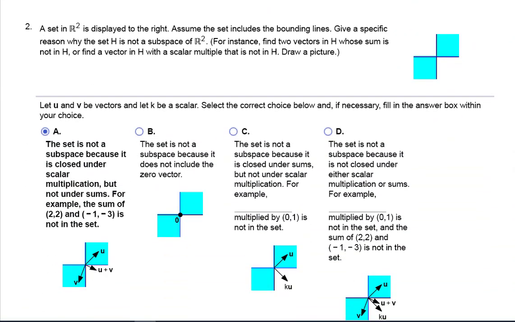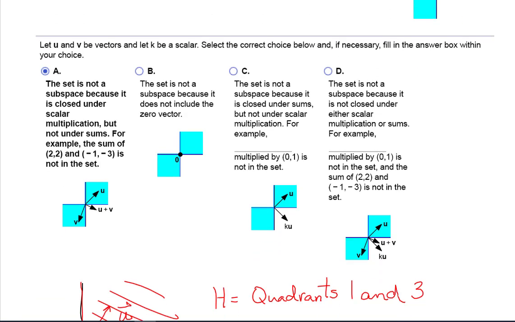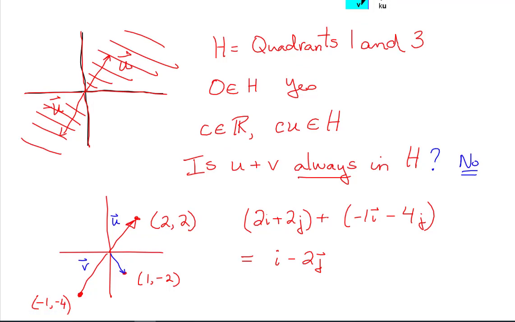In question 2, we try to fix that problem. So let's see. We have the axes. We have quadrant 1 and quadrant 3. Is this a subspace? Well, let's take a look. Alright, so yes, the origin is there.